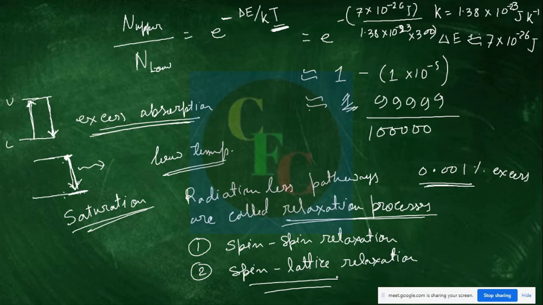Now let's see how we can do this. As we have seen, the transition from upper level to lower level has h nu equals 2 mu H0.